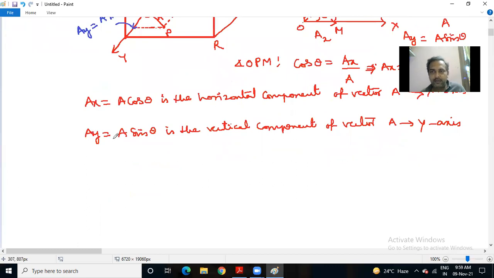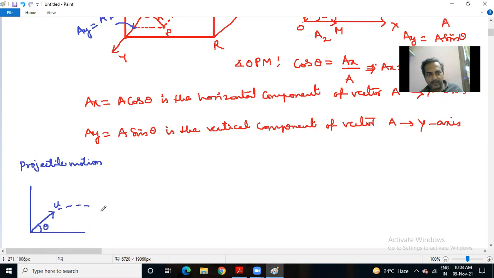Whenever you get the concept of vectors, definitely there will be resolution for that vector. So in case of projectile motion, when a body is thrown upwards at a certain angle, the vector A will be velocity. When thrown upwards, providing some velocity u at angle theta, it follows a parabolic path like this.